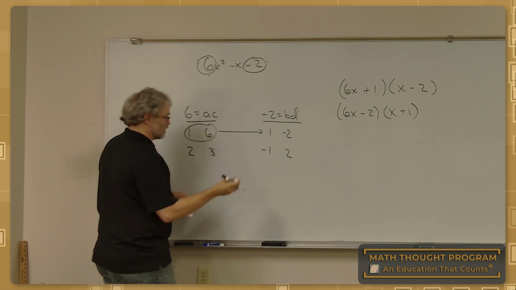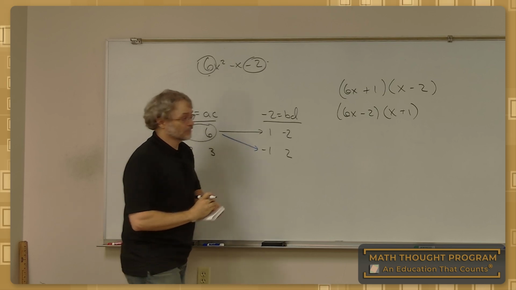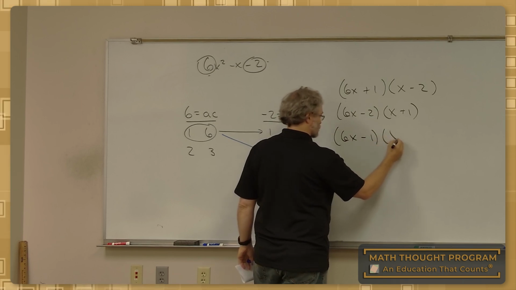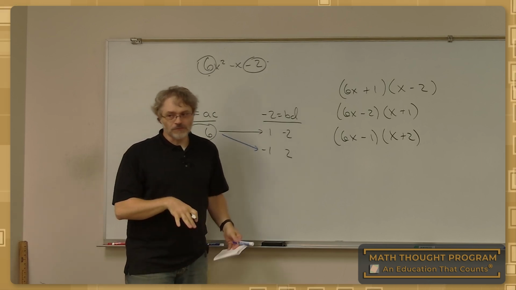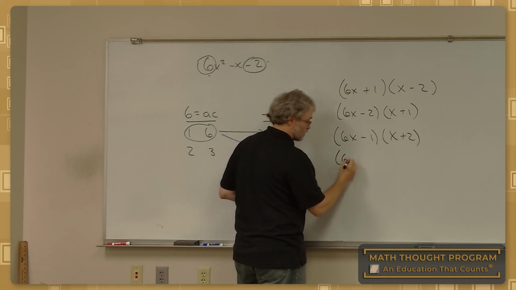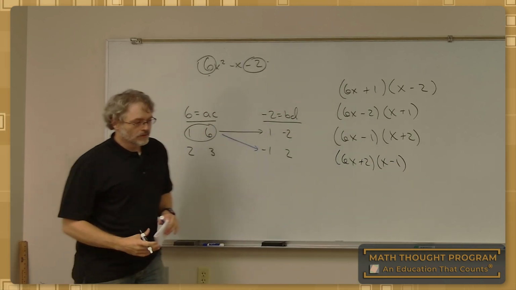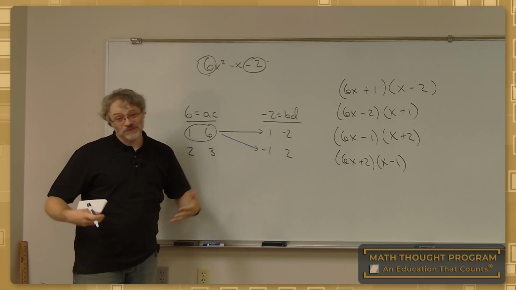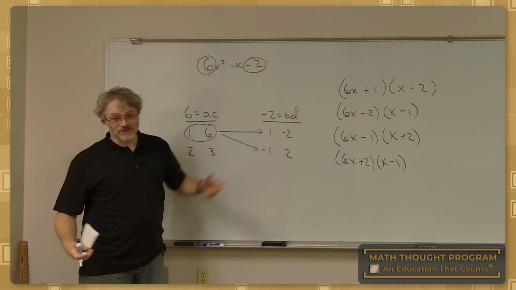Another thing that I could do is instead of saying positive 1, I could use a negative 1. But again, I'm not certain where I need to put the negative 1, where I need to put the 2. Maybe it needs to go over here. So for each one of these possibilities, I'm generating two factorizations that I really need to explore to see if this is going to lead me to anything useful.